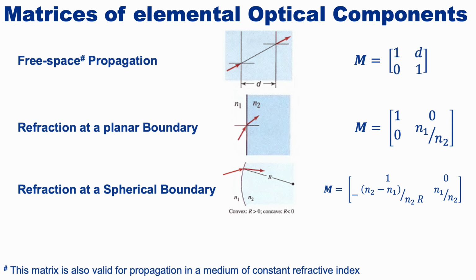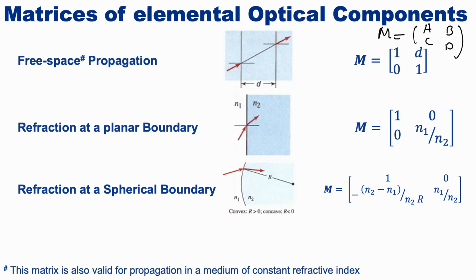Remember that my transfer matrix is A, B, C, D. A and D are equal to 1, B is equal to the distance, and C is equal to 0. That means that the angle between the input and the output is exactly the same, there is only a change in the height.